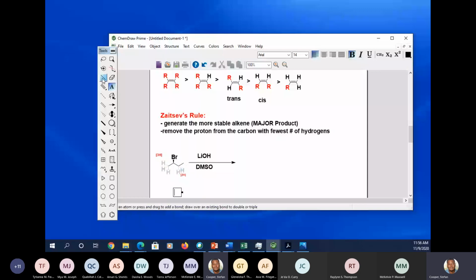If I make a double bond on the right-hand side, I'll generate this. I'll call this the 3H side.